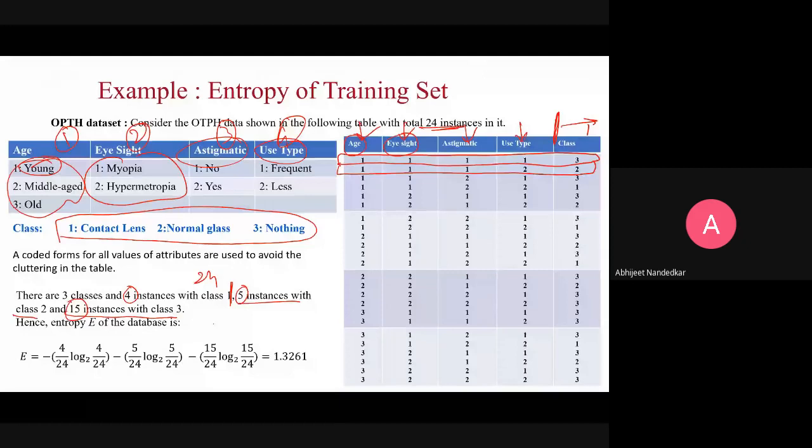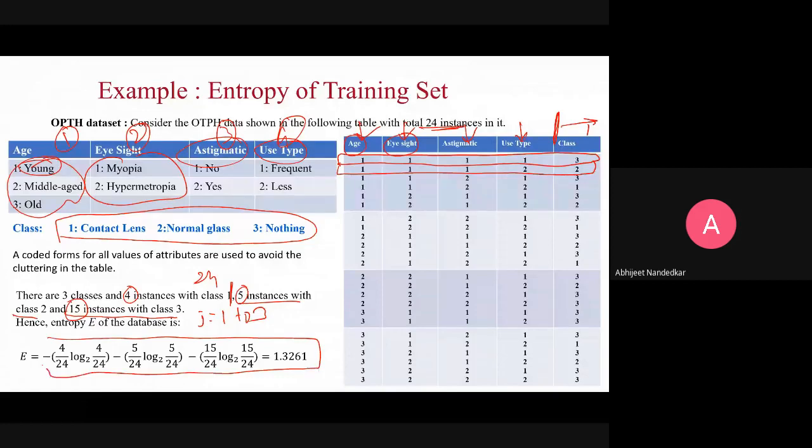So if I use the entropy formula and write for j equal to 1, 2, 3, then you will get this expansion of that formula. And if you substitute proper values, you will get entropy as 1.3261. Now see how it is done.